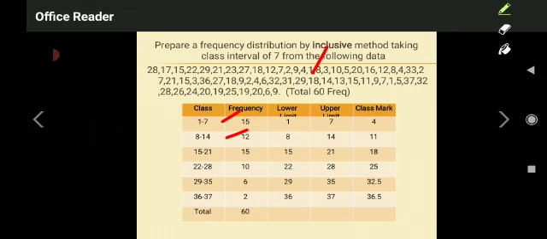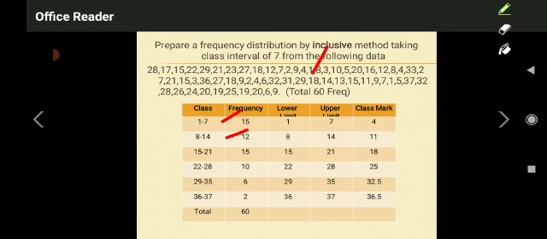So 37 will be the last, the highest, the maximum observation. It is there in the data information. You have to take the upper limit of the last class interval as always the last observation, the highest observation in the data information. So here 37 is there.